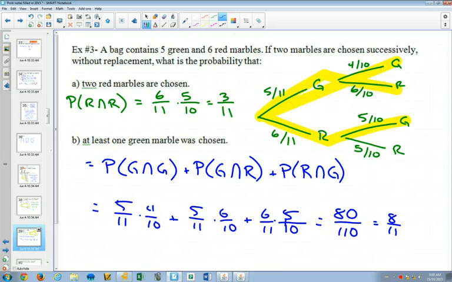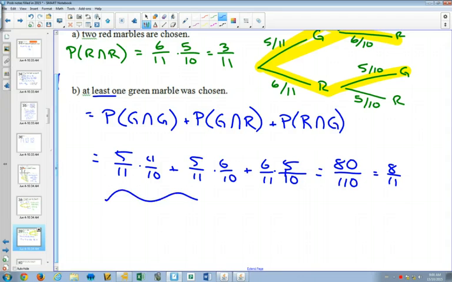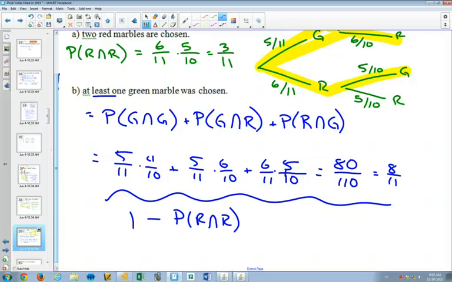Now, again, whenever you see at least, another way of thinking of things is, what's the opposite of getting at least one green? Getting no greens, or getting both reds. So if we figured out what the probability of both reds were, red and red, and subtracted that from 1, because 100% minus the probability of getting both reds should leave us with the same answer.